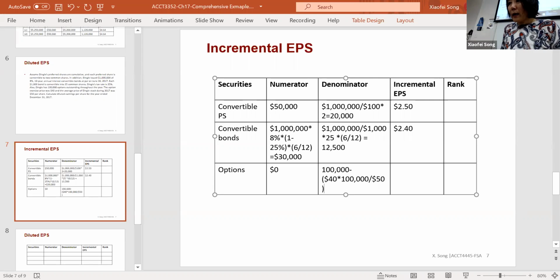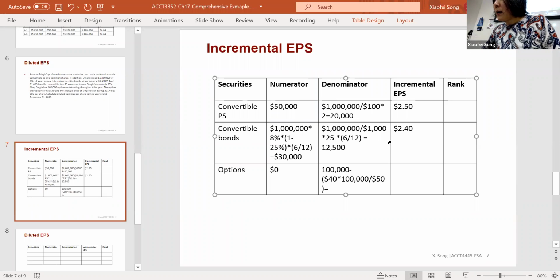And so that gives us the number of shares: 80,000 shares. So you can purchase 80,000 shares back.